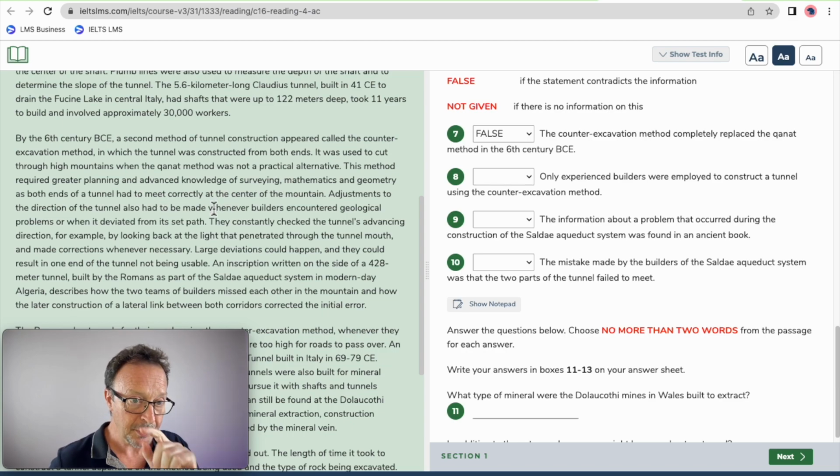Okay, here we have builders. Not about their experience. Here, builders missed each other. Maybe that's not their fault, that may be the fault of the planners. I don't think there's any mention here about the experience of the builders. I don't think there is any mention, so I think that's not given.